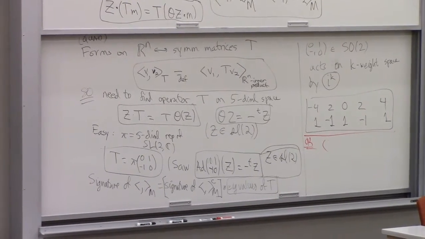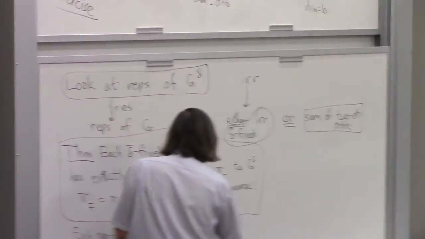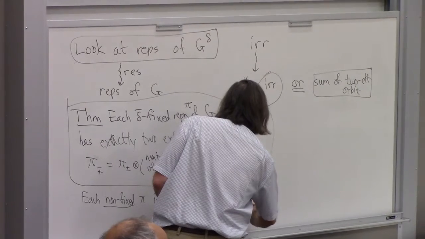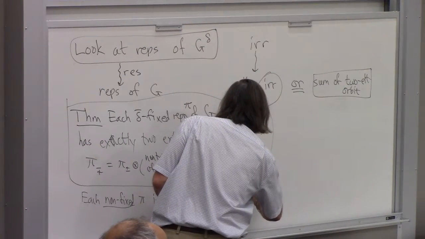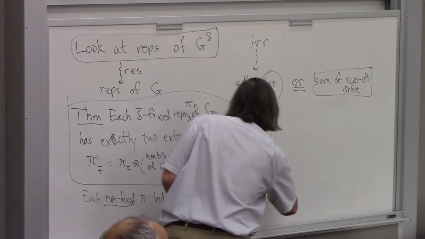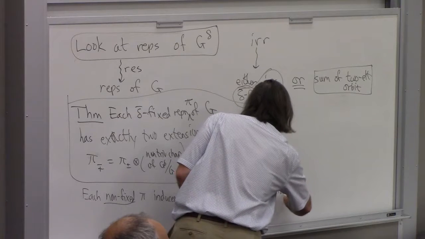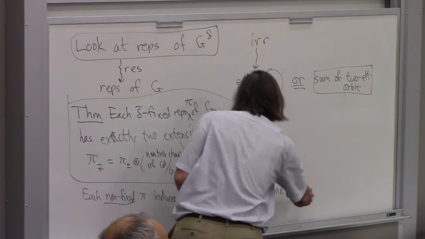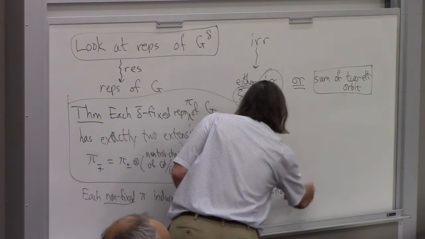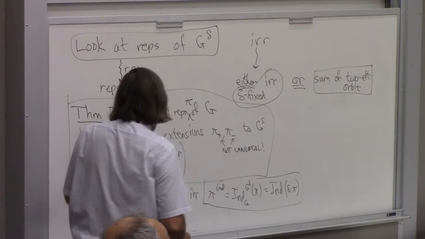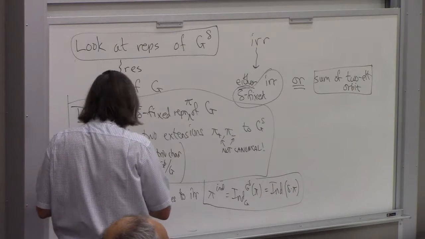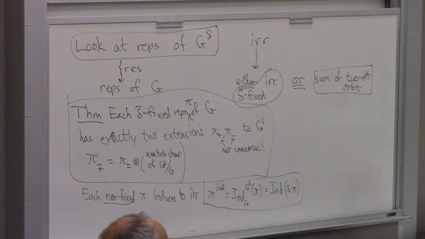So each non-fixed pi induces to an irreducible. This is induced from G to G delta of pi, which is the same as induced from delta of pi. And so, well, how many representations do I get altogether?